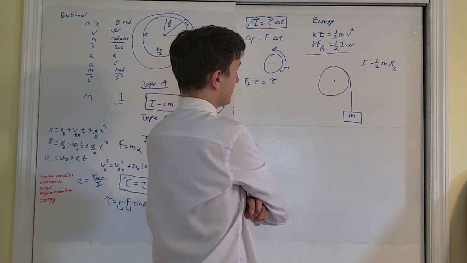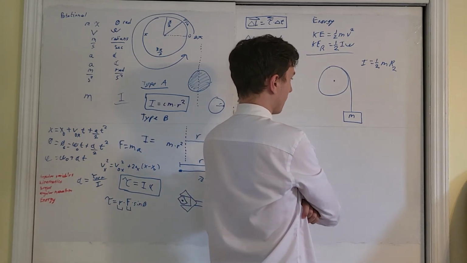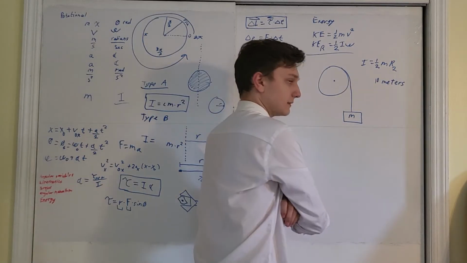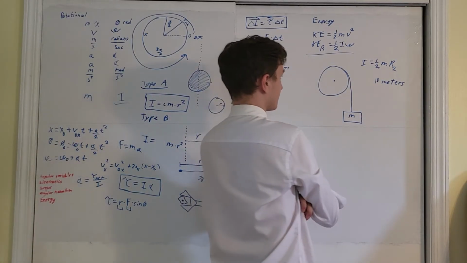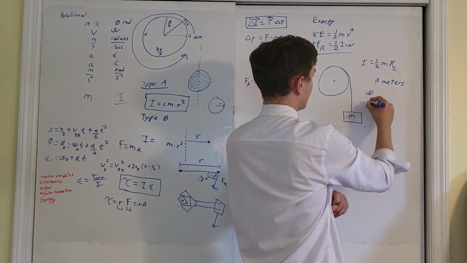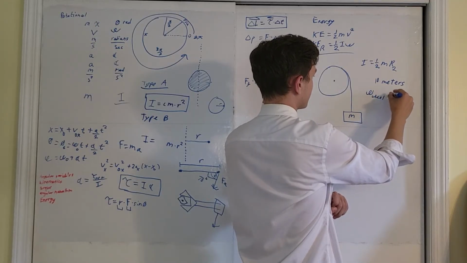You are then given that the mass is allowed to fall a distance of 10 meters. From there, you must derive what the angular velocity of the wheel is.